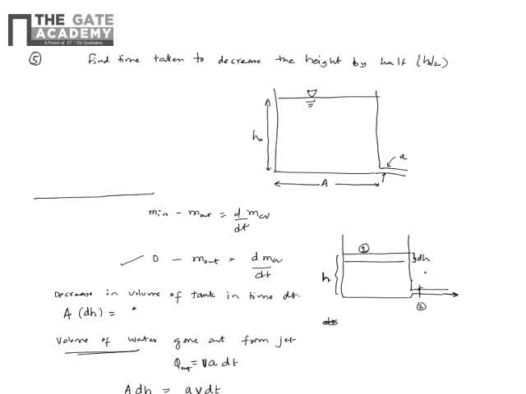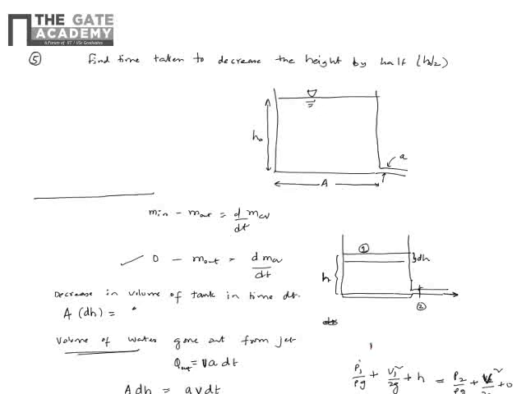But I don't know V. I can find V by applying Bernoulli's equation. At section 1 the pressure is P1 by rho g, velocity is V1 squared by 2g, plus height h at this point of time t. At section 2, pressure is P2, velocity is V, by 2g, and height is 0. This is the reference I am taking.